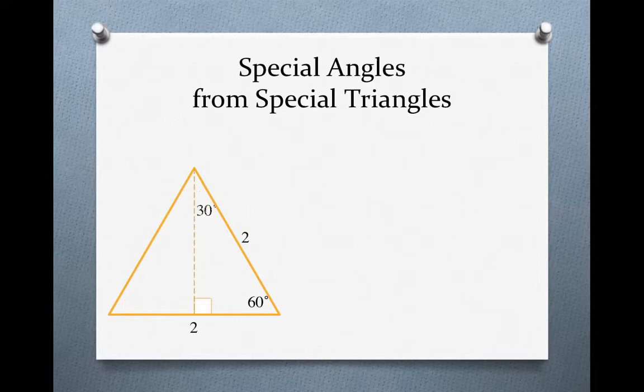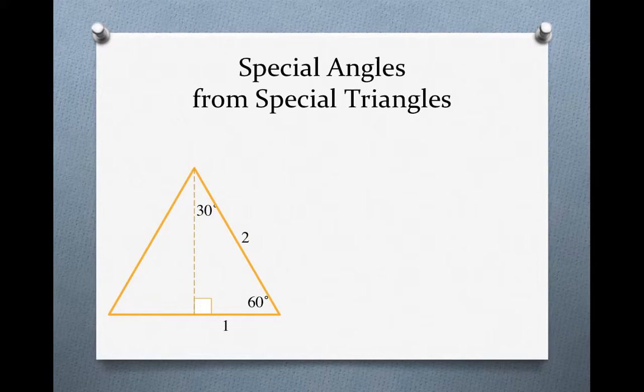So now I'm only interested in half of this triangle, where I have one angle of 60. I have half of another angle now, which is 30. And I also have half of the side opposite that. So now that leg is just going to be 1. So in this case, I have a hypotenuse of 2 and a leg of 1.